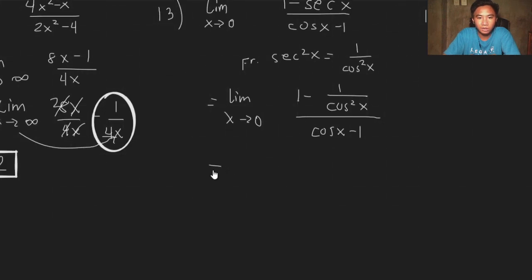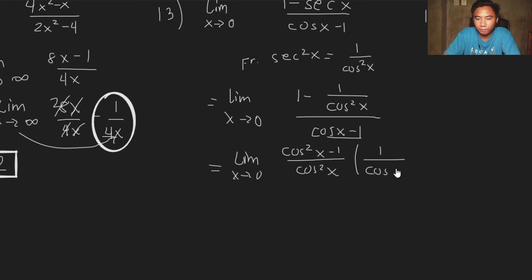Next is LCD, the limit of x approaches to 0. LCD natin ito nasa taas, cosine squared x. And then, magkakaroon tayong cosine squared x minus 1. And then, we want here to multiply na. So, reciprocal mo na. So, 1 all over cosine x minus 1.